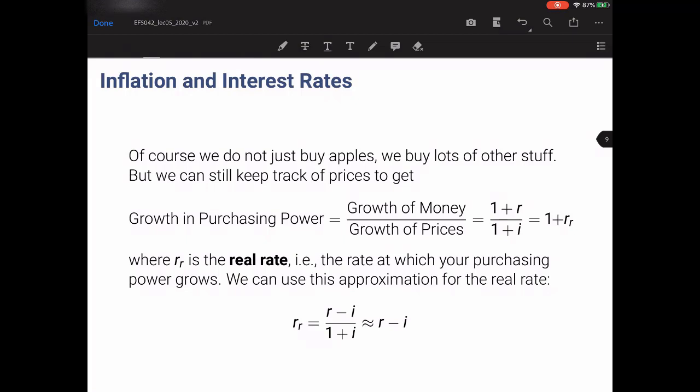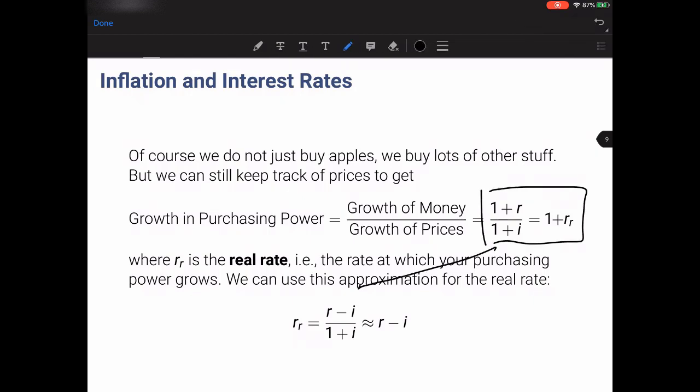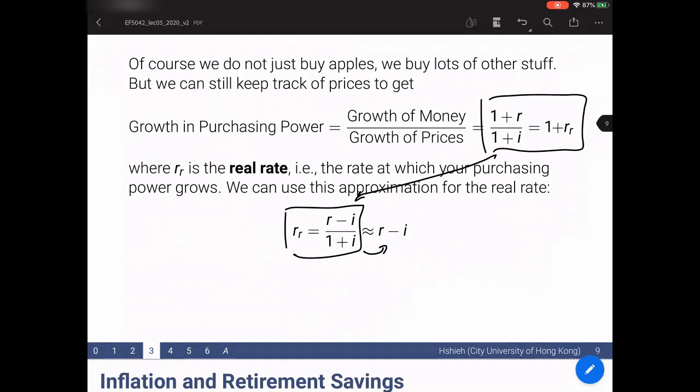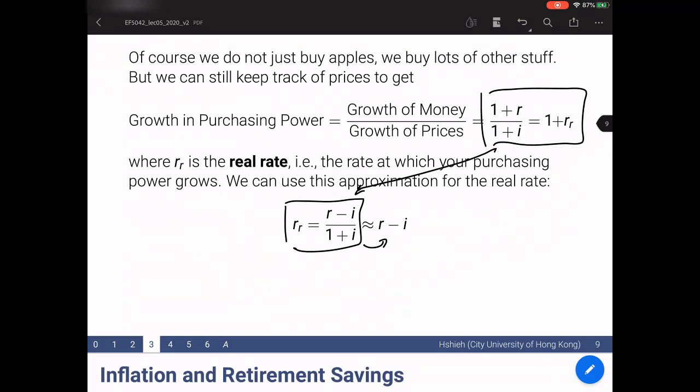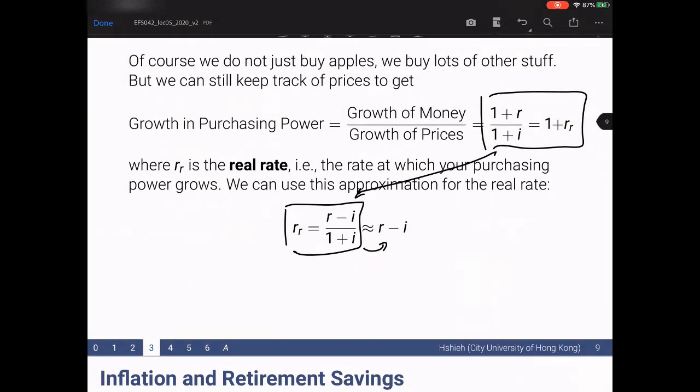All right, so one way to write this is to subtract 1 from both sides of this expression, and we should arrive at this equation here. However, this approximation requires a little bit of algebra, which I don't think is too hard. All you need to do is multiply both sides by 1 plus I. So let me just work that out with you.